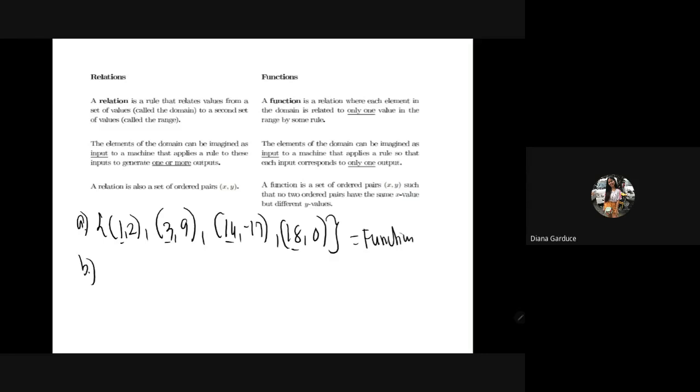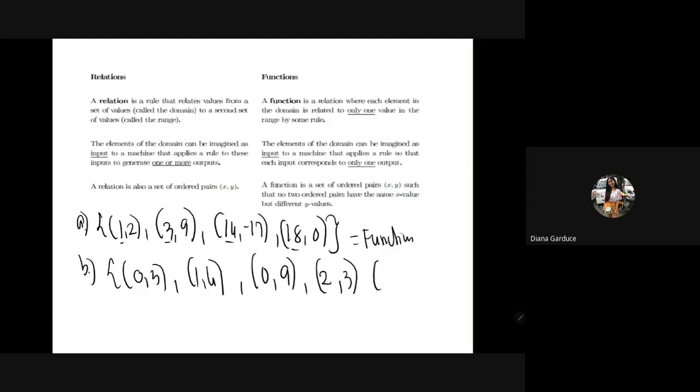If the given coordinates such as (0, 3), (1, 6), (0, 9), (2, 3), (4, 3), notice that our x coordinate, which is 0, is not unique. So this is not a function. It's a relation, but it is not a function.